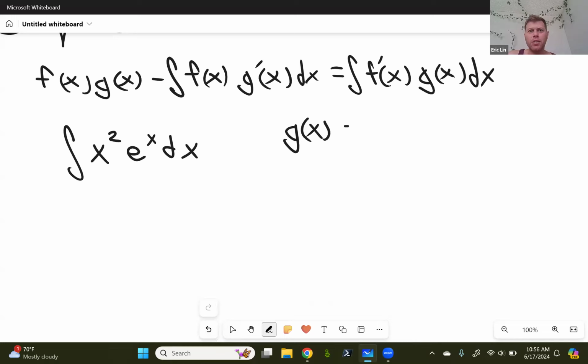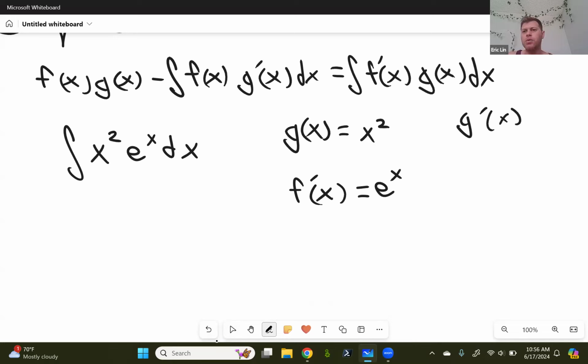g of x is going to be equal to x squared, and then f prime of x is equal to e to the x. Okay, so that means g prime is equal to x over 2, and f of x is equal to e to the x. All right.